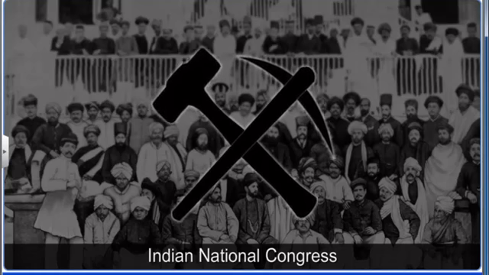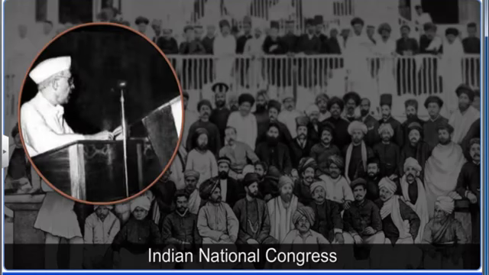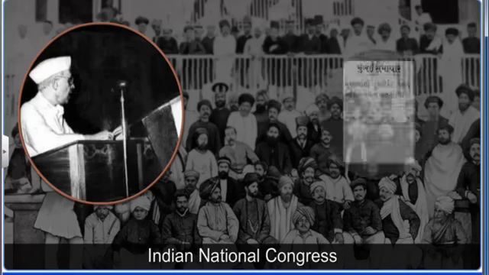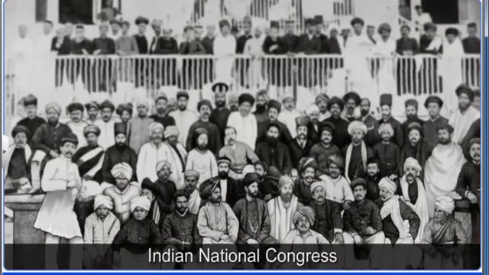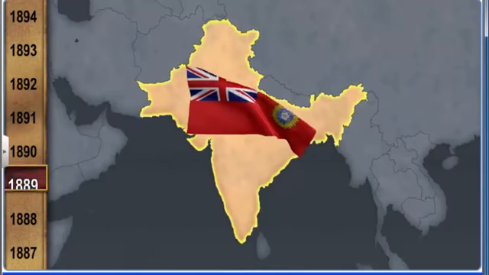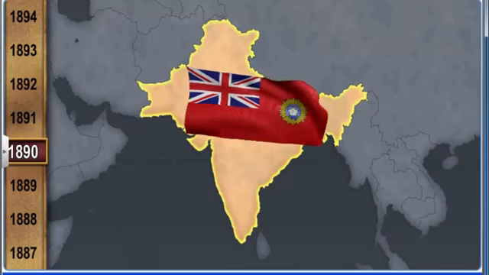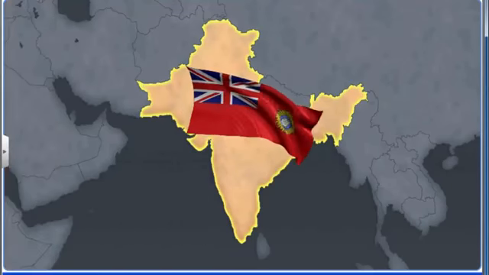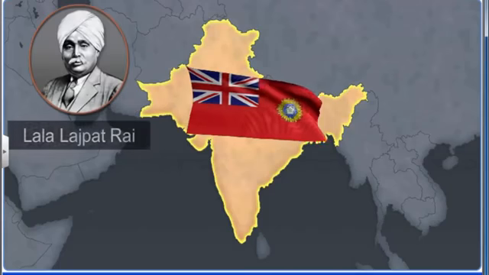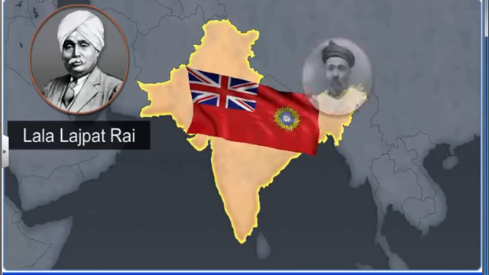Speeches were given against the British, and newspapers were published criticizing them for India's economic downfall. The Congress felt that it was important for the British to understand the feelings of the Indians. However, by the 1890s, the moderate rationale of the Congress was questioned by many radically thinking Indians like Lala Lajpat Rai, Bal Gangadhar Tilak, and Bipin Chandra Pal.